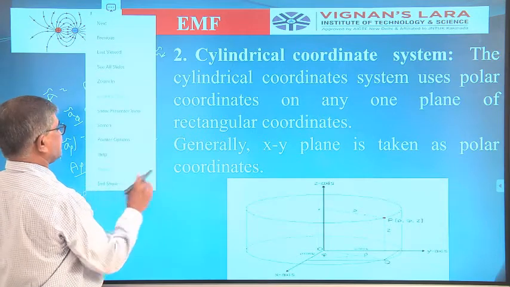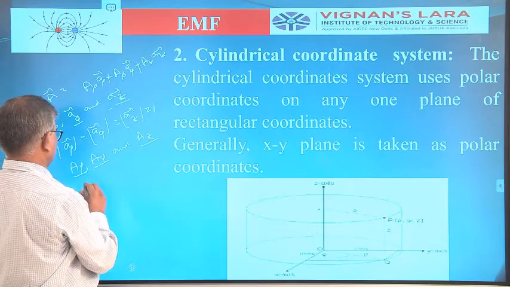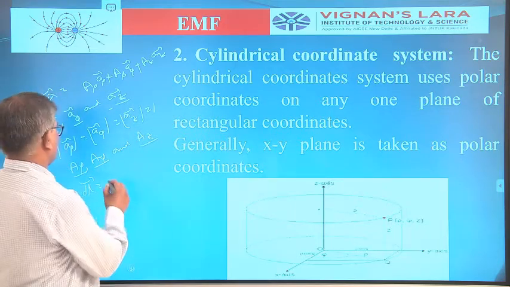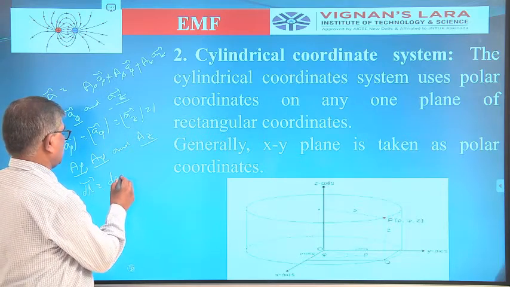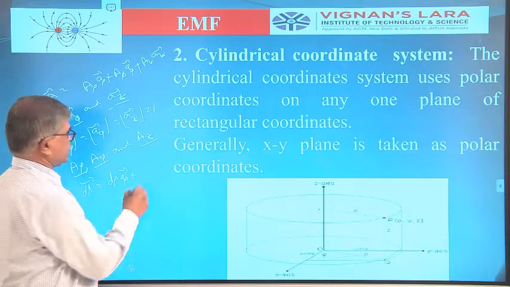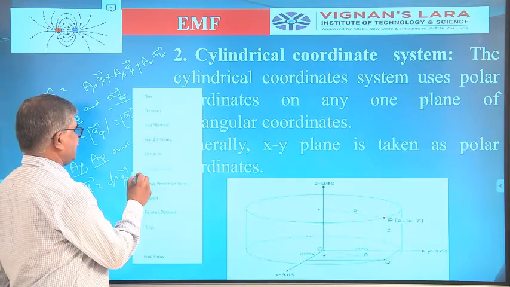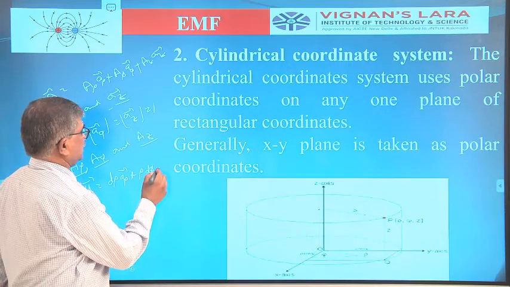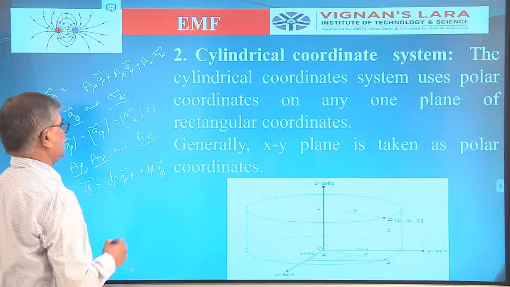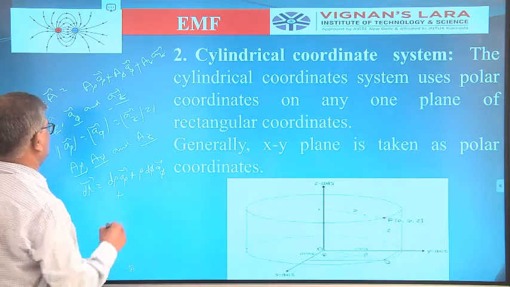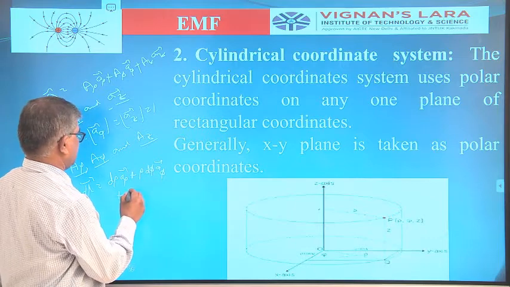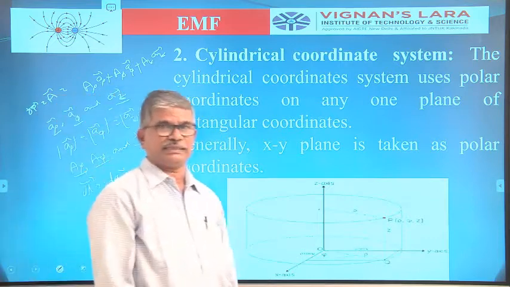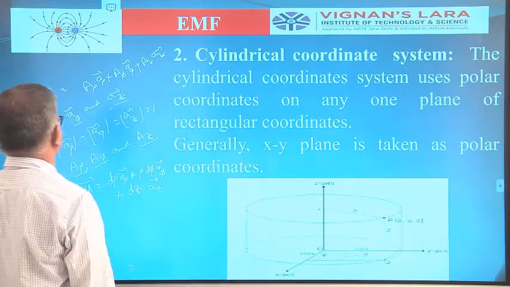So differential length dl bar equal to d rho a rho bar plus rho d phi a phi bar plus dz Az bar. This is the differential length in the cylindrical coordinate system.